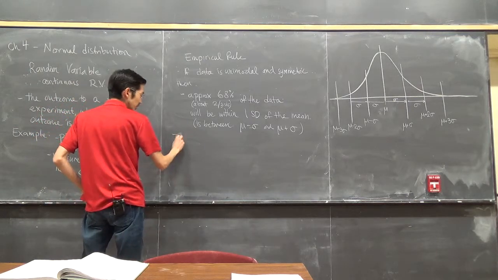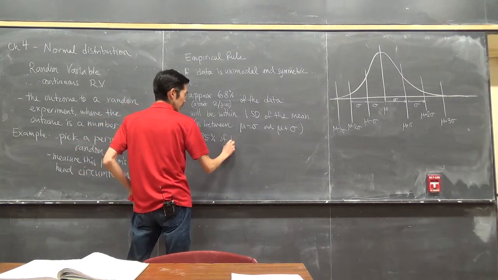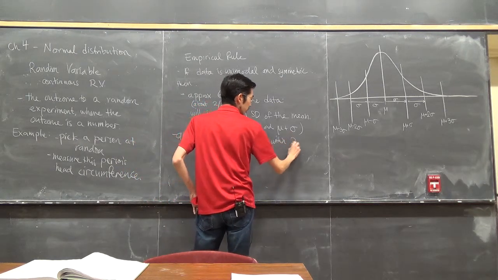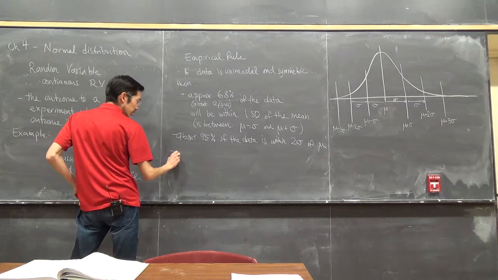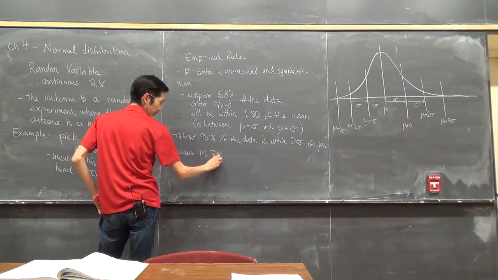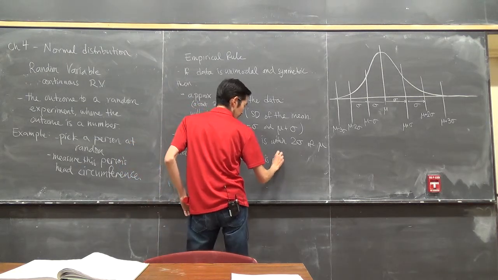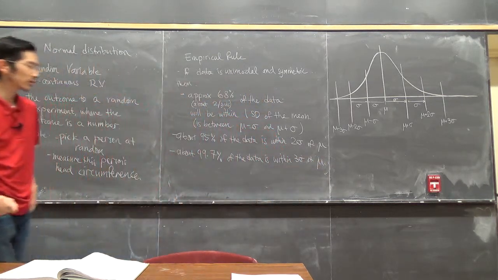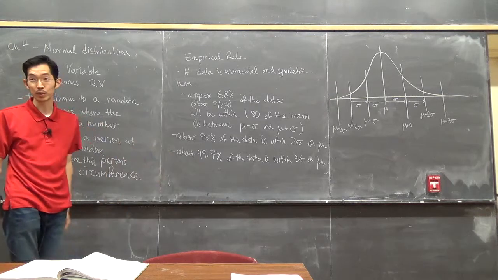About 95% of the data is within 2 sigma of the mean, and almost all, not quite, is within 3 standard deviations of the mean. So I'm writing these in shorthand with the symbols instead. I hope that's okay.